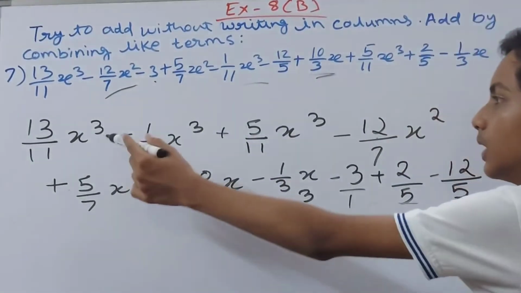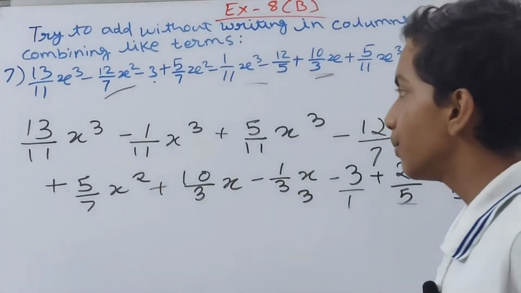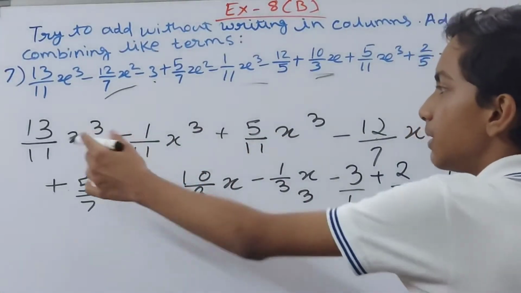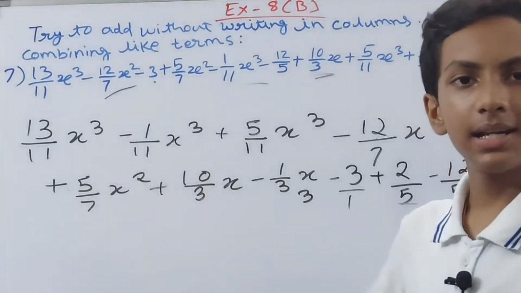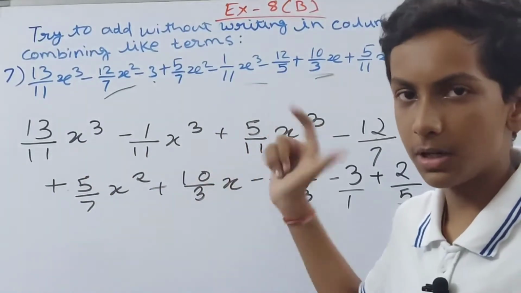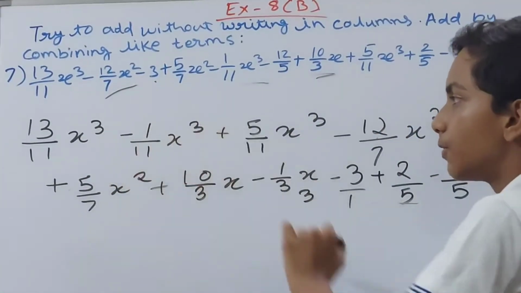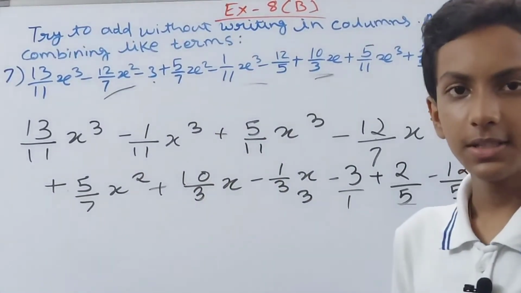Solve this. So 13 upon 11x cube minus 1 upon 11x cube plus 5 upon 11x cube. So 13 minus 1 will be 12, and all of them have the same denominator, that is 11. So just solve the numerators. 13 minus 1, 12, 12 plus 5, 17.